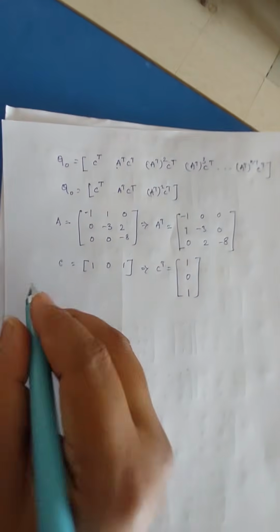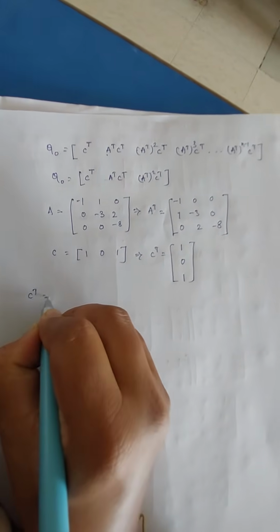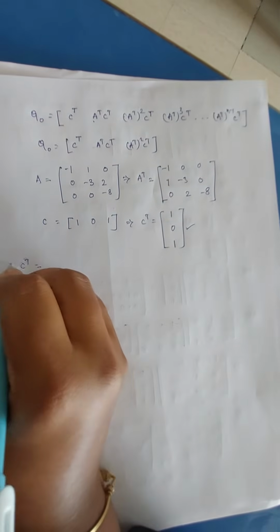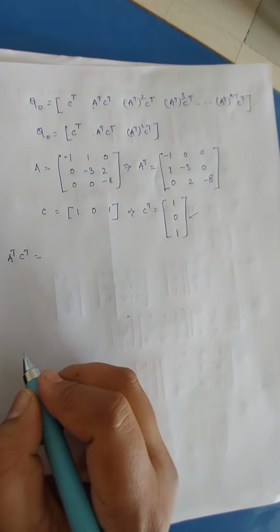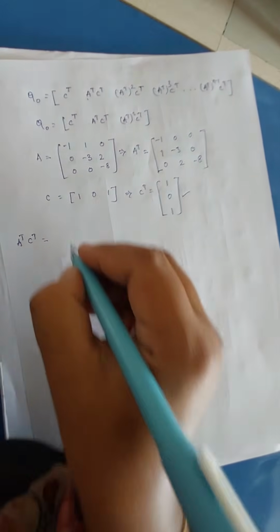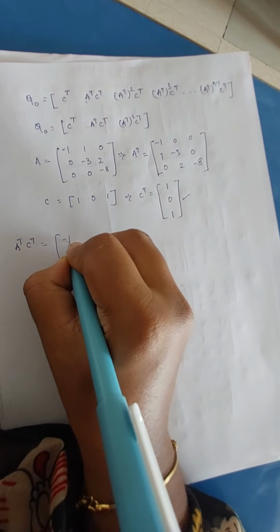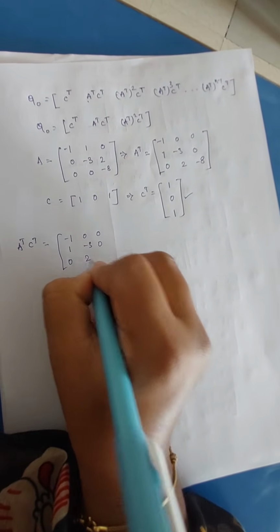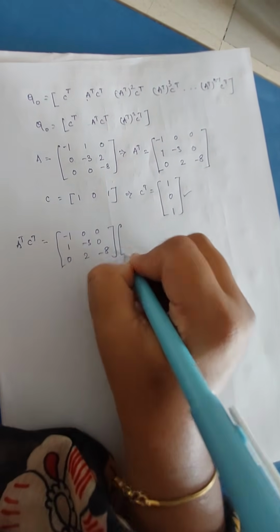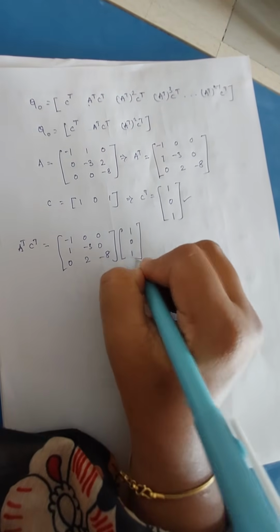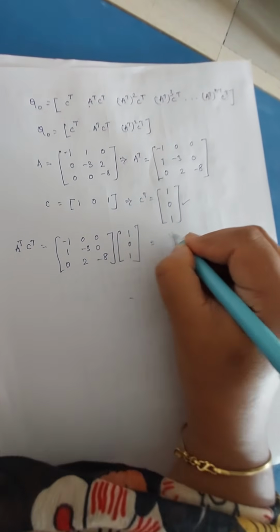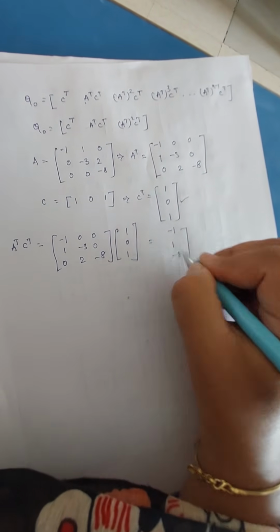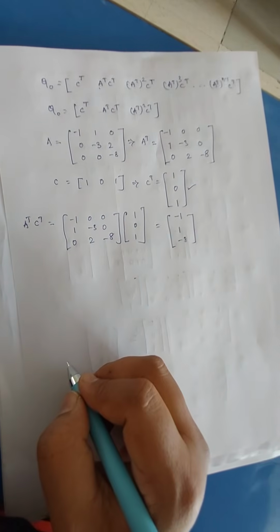The first element, C transpose, is 1, 0, 1. Next, A transpose C transpose is A transpose, minus 1, 0, 0, 1, minus 3, 0, 0, 2, minus 8, multiplied by C transpose 1, 0, 1. This gives us a matrix of minus 1, 1 and minus 8. This will be A transpose C transpose.